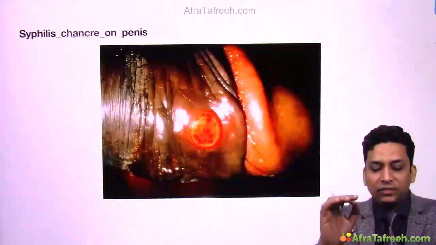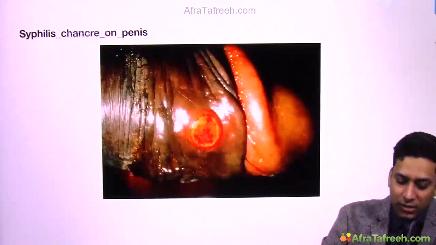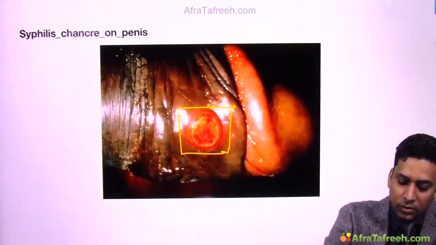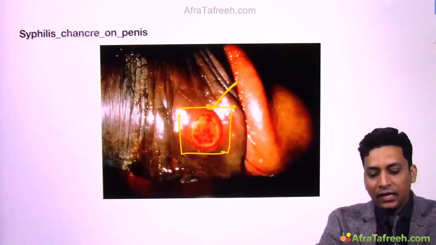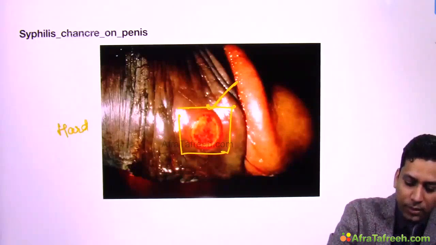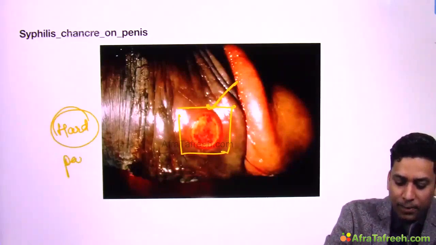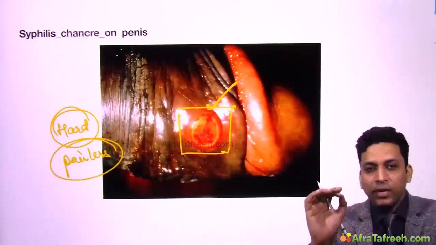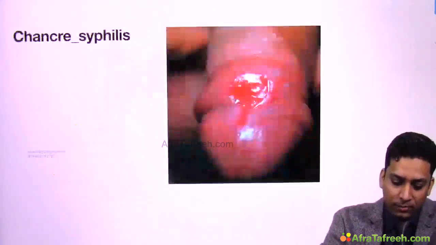Now this ulcer which is present is a syphilitic ulcer. As you can see, the clues here are single. So a single genital ulcer is present, and if you palpate you will find this will be very hard, with a firm base, so hard chancre, and these are painless. So if these clues are present, and the lymph node will be, yes, rubbery lymphadenopathy.